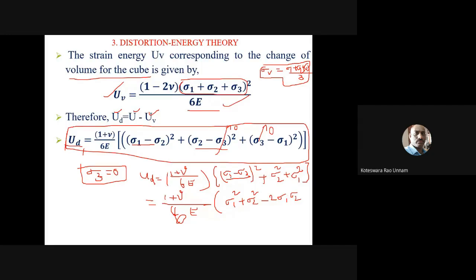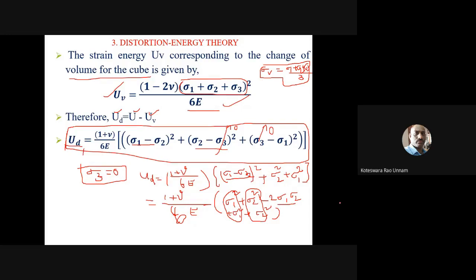Plus I have one more sigma 1 square plus sigma 2 square. So if I simplify this, what I'm going to get? 2 sigma 1 square, 2 sigma 2 square, minus 2 sigma 1 sigma 2.